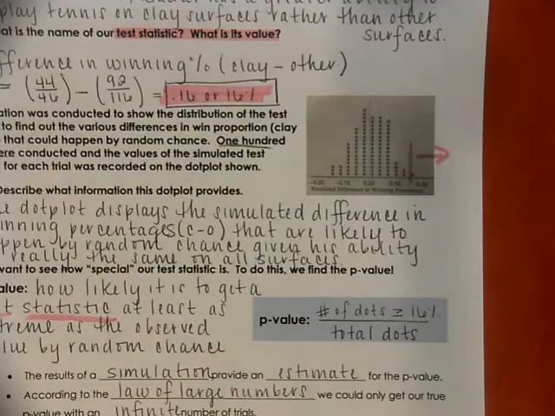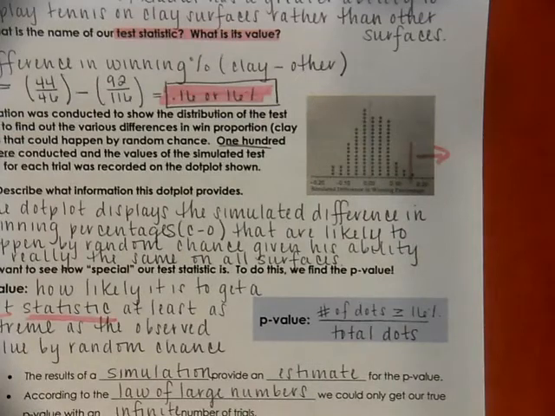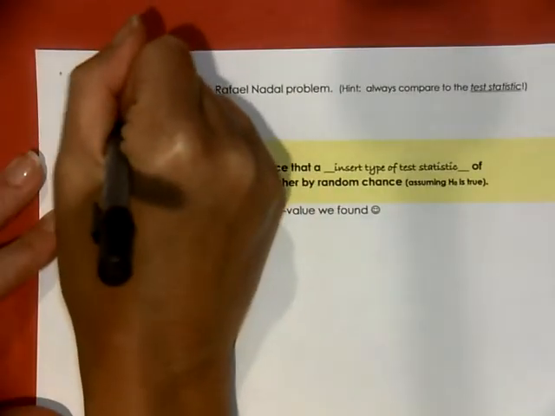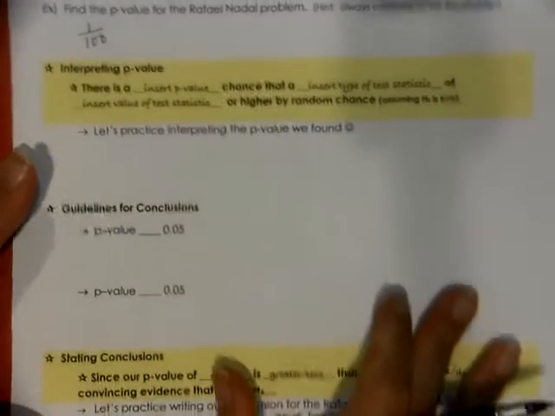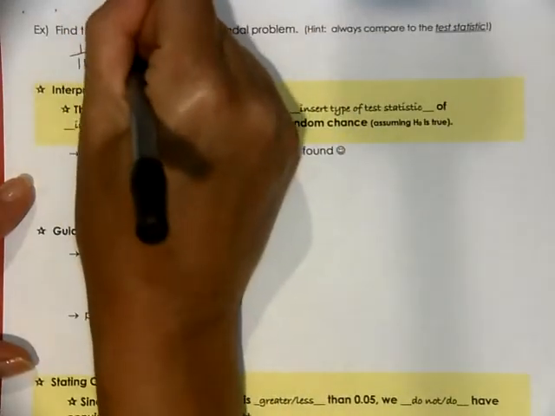How many dots are at that value or higher? That would be 1 out of the total number of dots, which is 100. So our p-value here is going to be 1 out of 100, which is 1%.